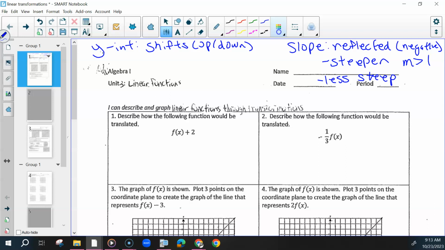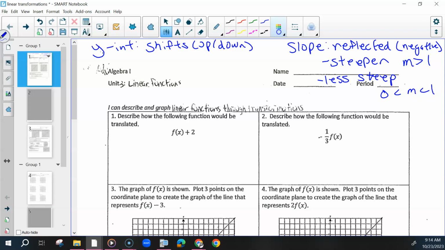If it's less steep, the slope will be between 0 and 1. It's going to be a fraction. The steeper and less steep have nothing to do with the reflection. So it can be negative and still steeper. It could be negative and less steep. It depends on the number. So we're going to go through some examples.